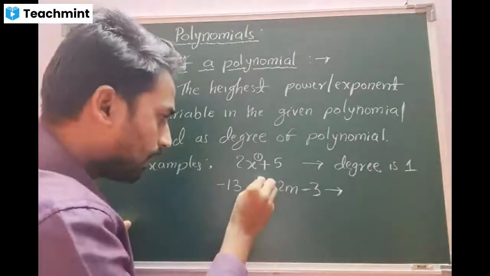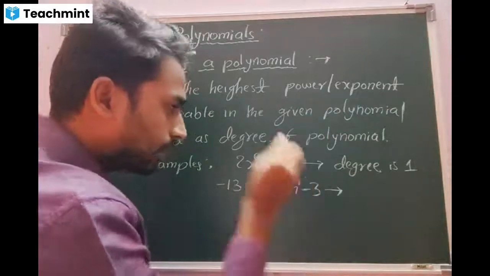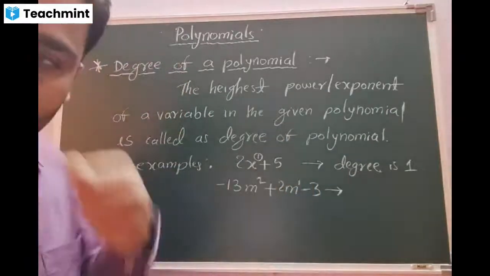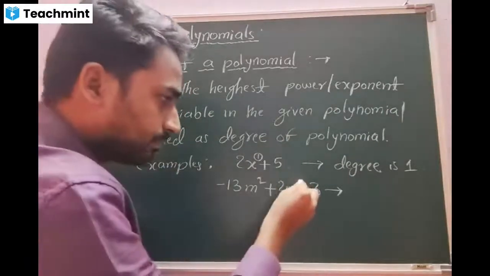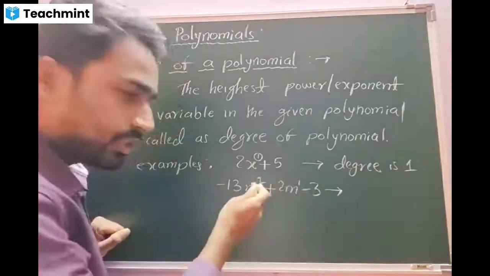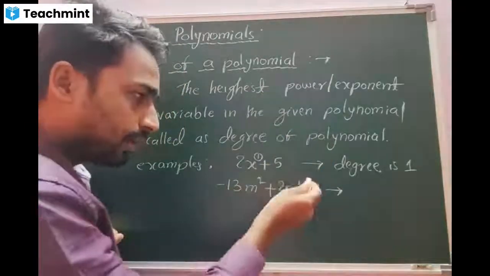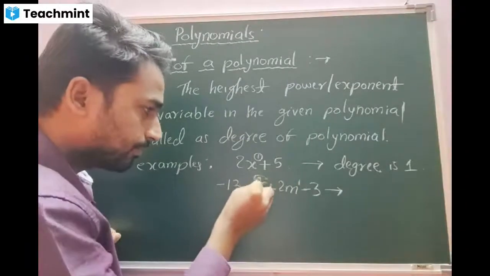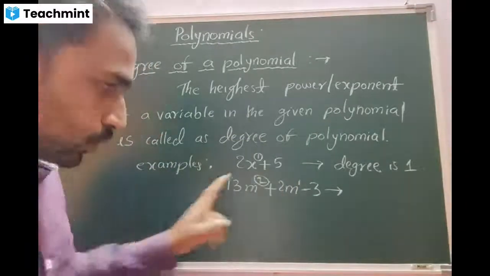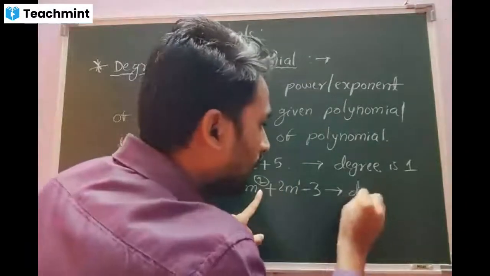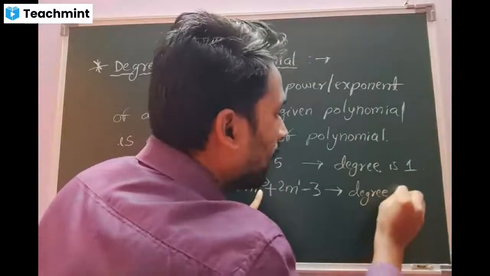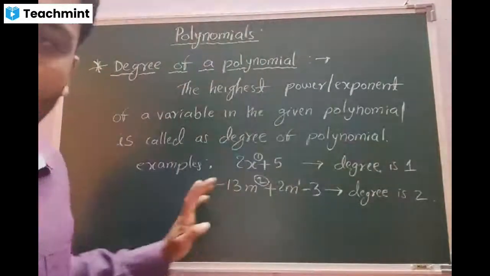Here the power is 2 and here the power is 1. Am I right, beta? Now, out of these two, which is highest? 1 is highest or 2 is highest? Two is highest, sir. 2 is highest. So, we call its degree as 2. Is it understood, beta?